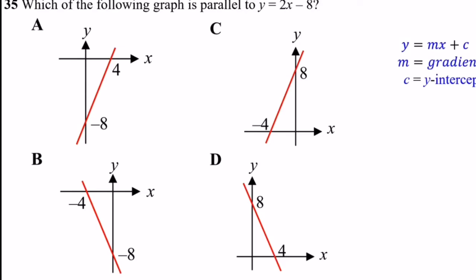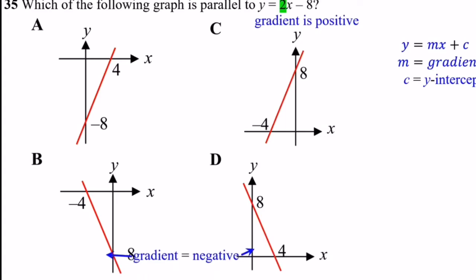So the answer can be obtained easily by observing the gradient. 2 is positive, right? When it is positive, the line will be heading upward. So a positive gradient belongs to graph A and graph C, and graph B and graph D have negative gradients.